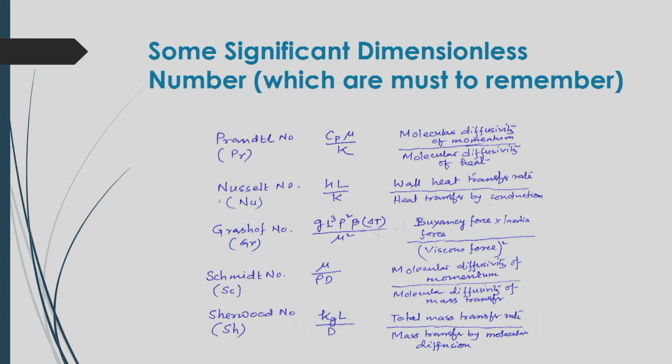I suggest you remember these dimensionless groups throughout your life. As a chemical engineer, or if you are studying the chemical engineering course, you have to remember these groups. Thank you for your concentration in this lecture.